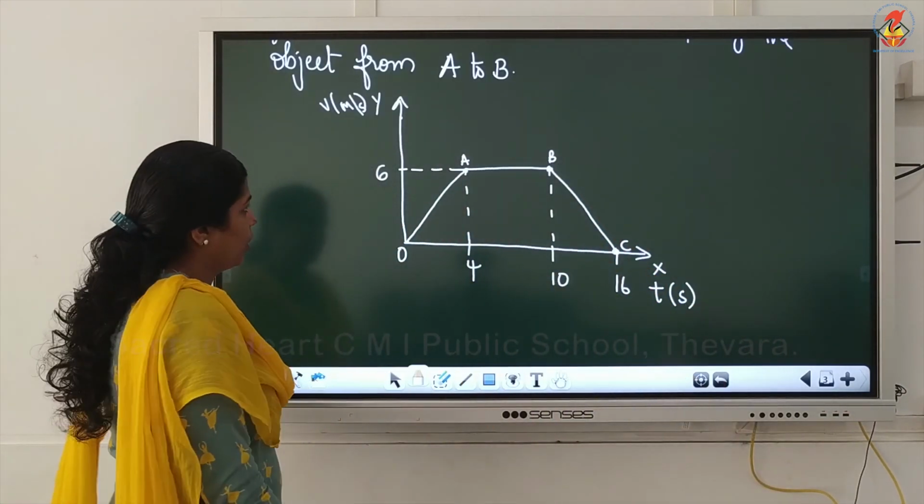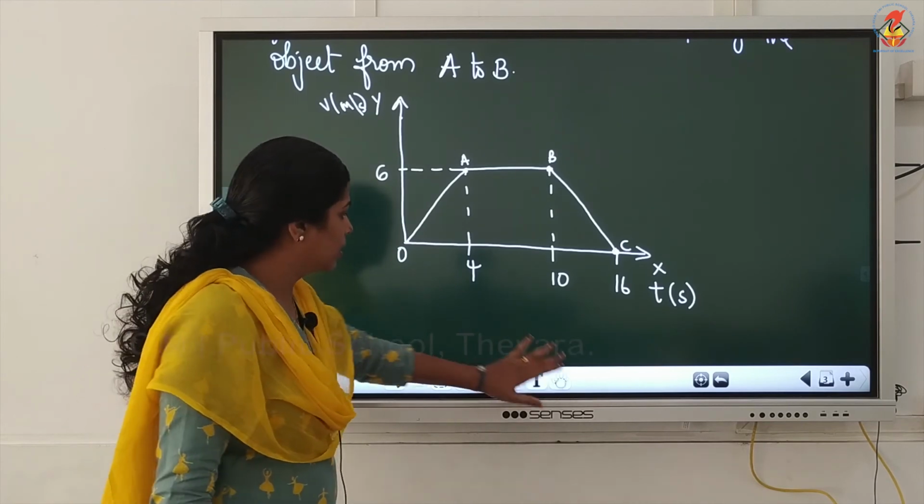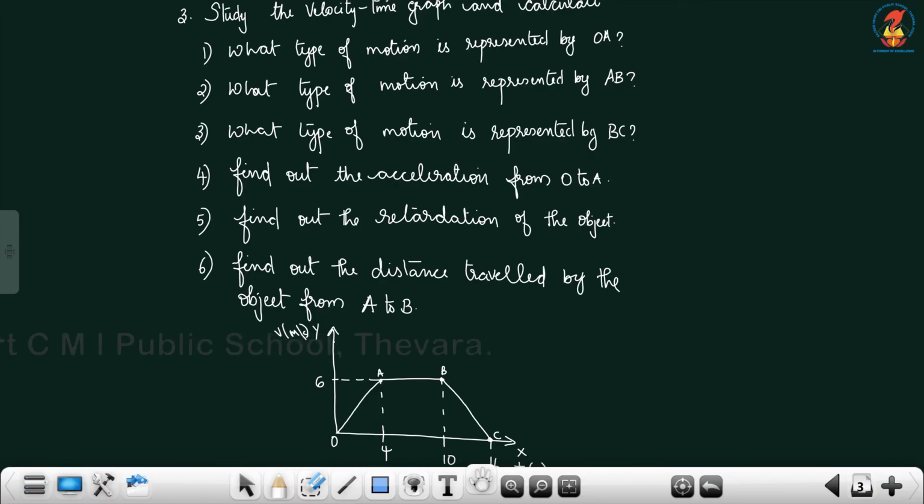That is this one. The shape of the graph is like this. The question is, study the velocity time graph and state the type of motion represented by OA, the type of motion represented by AB and the type of motion represented by BC.